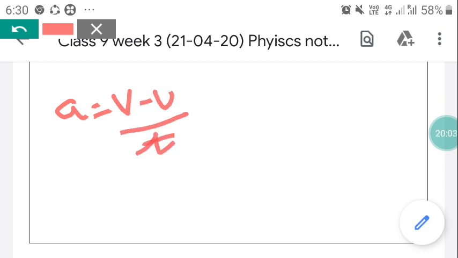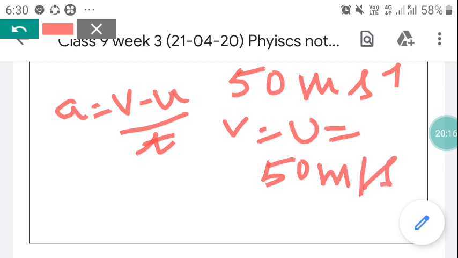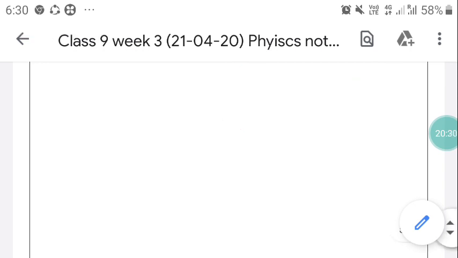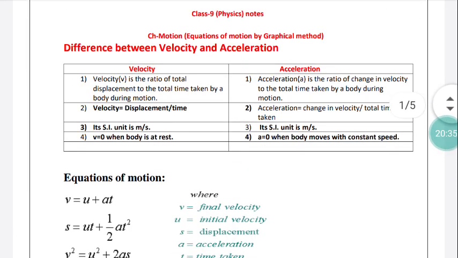So if a body is moving with constant velocity, suppose 50 meter per second, so v and u will be the same at any time, that is 50 meter per second. So if you subtract v minus u, it will come 0. And if there is 0 in the numerator, the result is 0. So that's why in the difference I write a is 0 when the body moves with constant speed. So this is the concept of difference between velocity and acceleration.